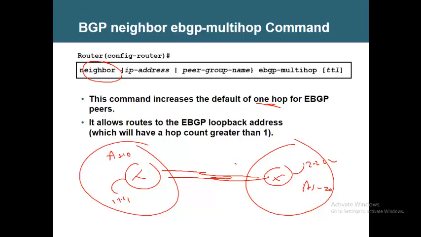Earlier in the previous chapter, it said the EBGP neighbor should be directly connected. Do you remember that? What does that mean? It means that in the routing table, the address that you configure as the neighbor, which here is 2.2.2.2, should be seen as connected.